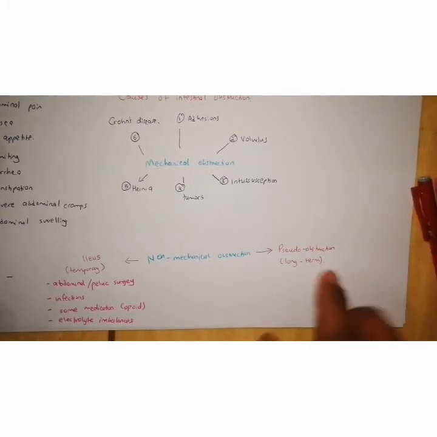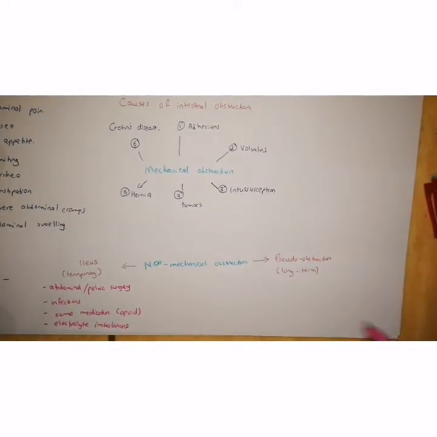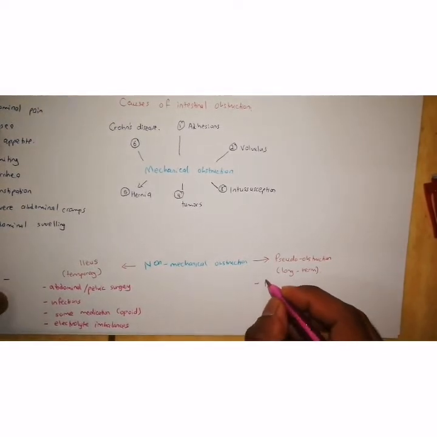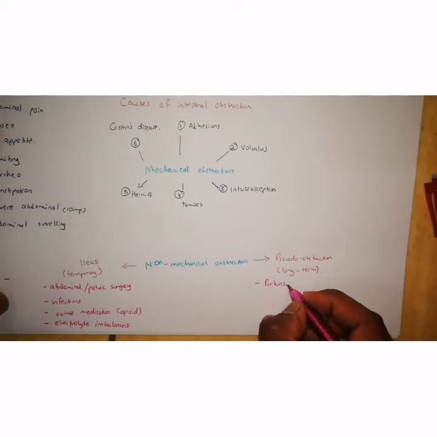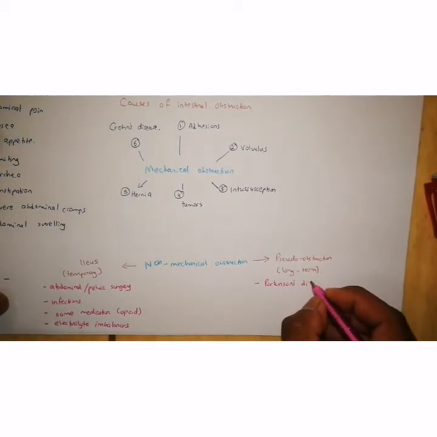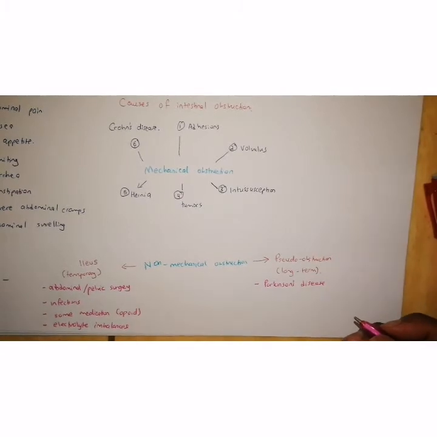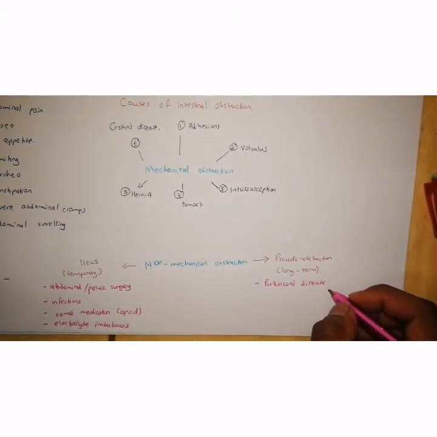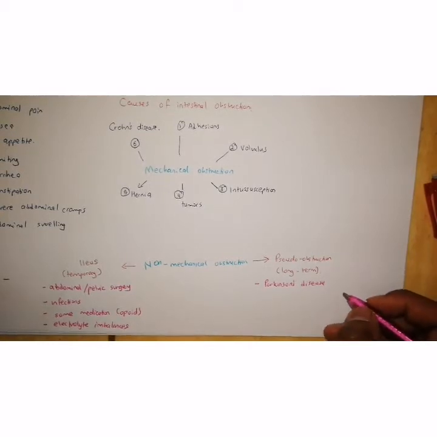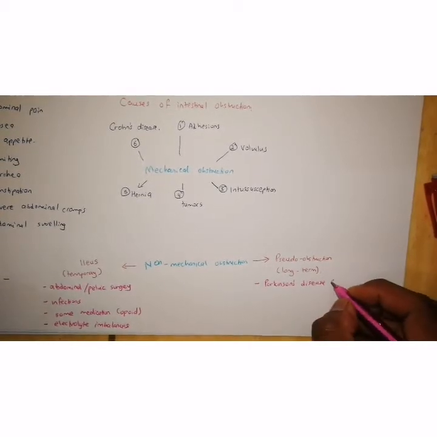Whereas pseudo-obstruction can be caused by Parkinson's disease, multiple sclerosis, and also other nerve and muscle disorders.